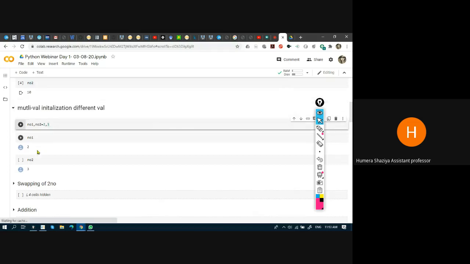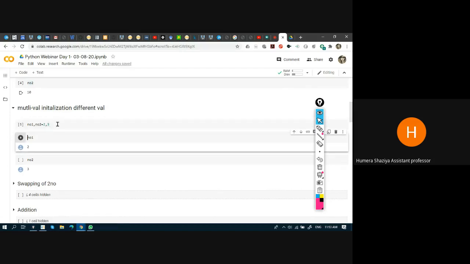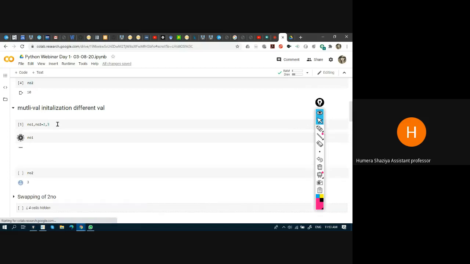To execute this, you can hit shift enter, or you can hit control enter, or you can hit alt enter. There are differences.